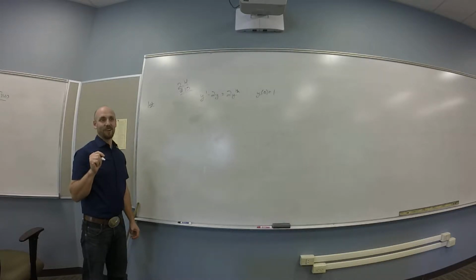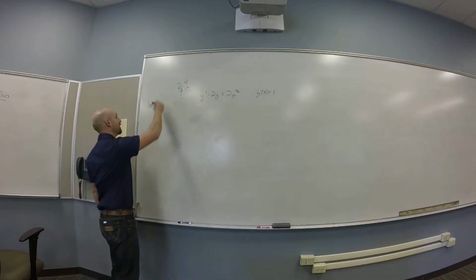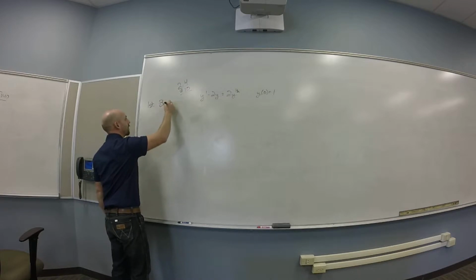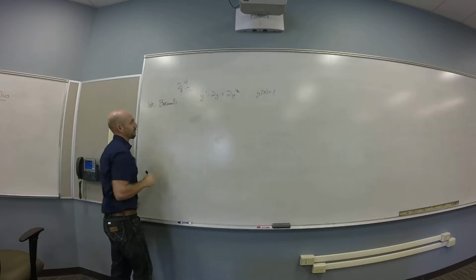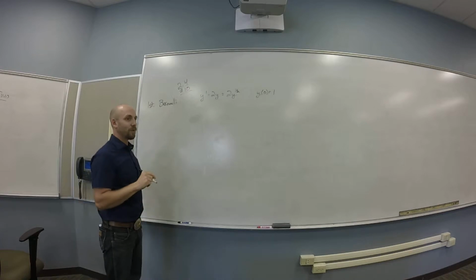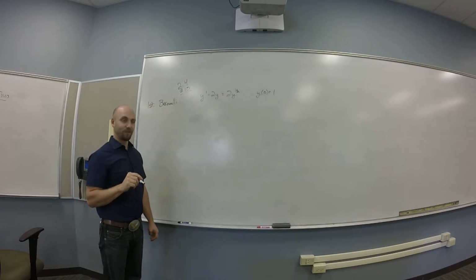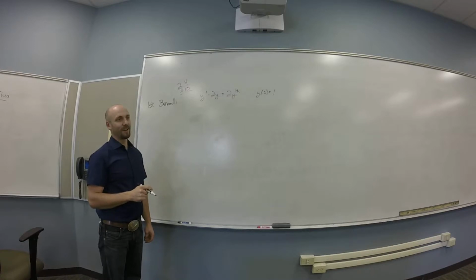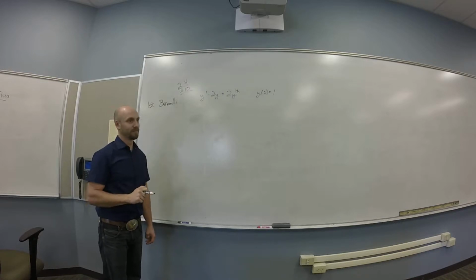It's also not linear. Yeah, so this is a Bernoulli. So this is a first order nonlinear Bernoulli differential equation. Or, since Bernoulli and nonlinear kind of overlap, this is, more specifically, a first order Bernoulli equation. Cool? Okay, how do you solve Bernoulli's?